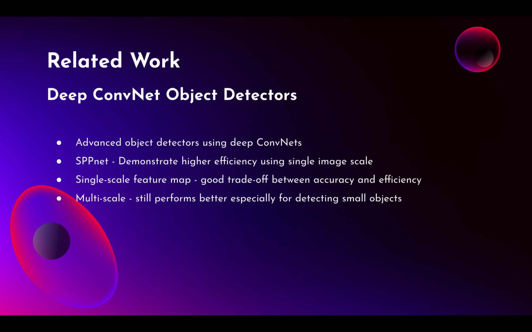The second trend is deep convolutional neural network object detectors. With the development of modern deep convolutional neural networks, advanced object detectors using them, such as OverFeat and RCNN, achieve significant improvements in accuracy. In OverFeat, the convolutional neural network is applied as a sliding window detector on the image pyramid.